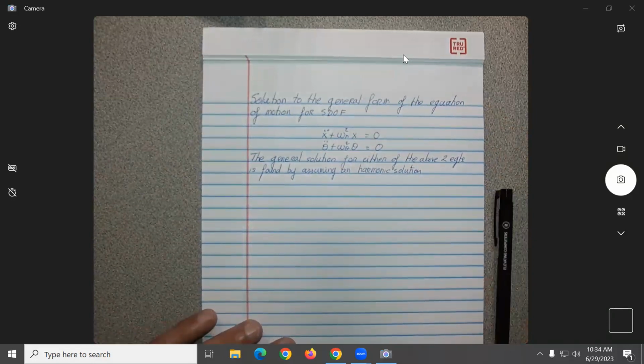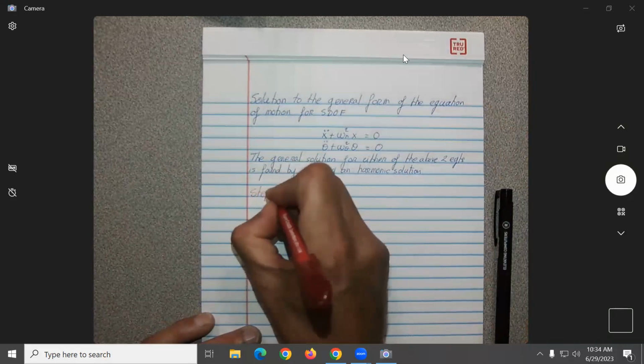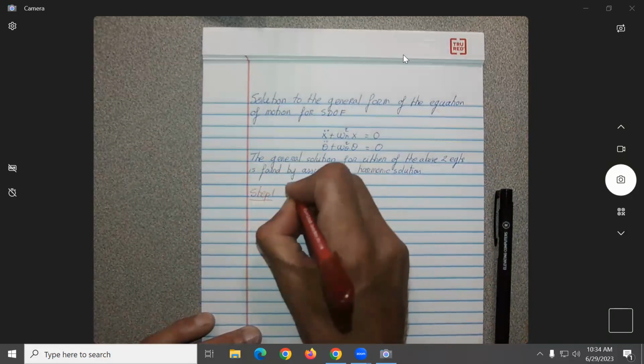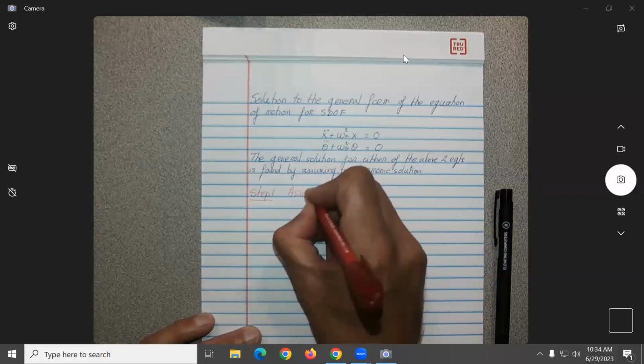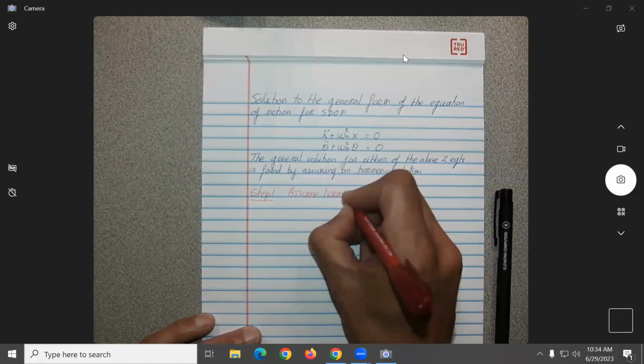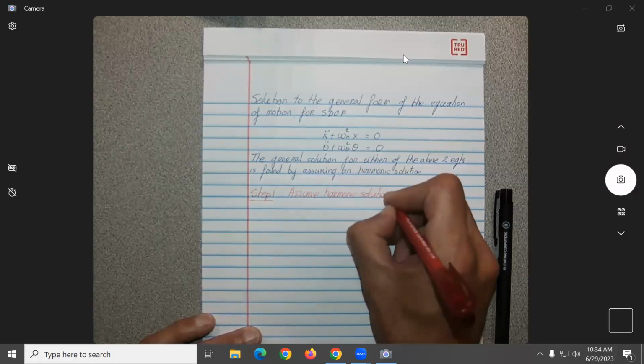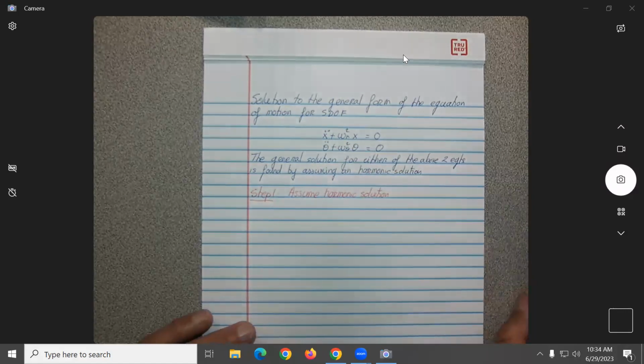So let's kind of follow the procedure. So step one is what? Assume harmonic solution. So you have multiple forms of the harmonic solution.